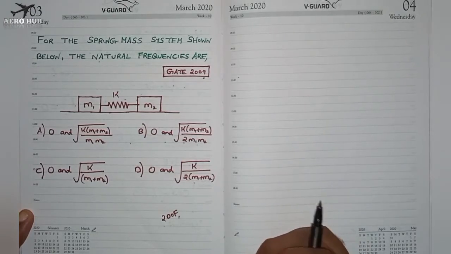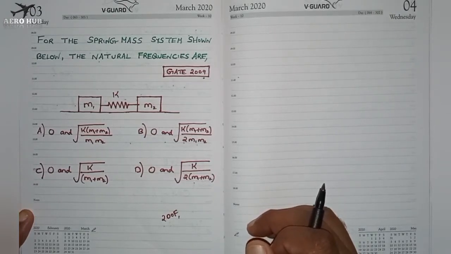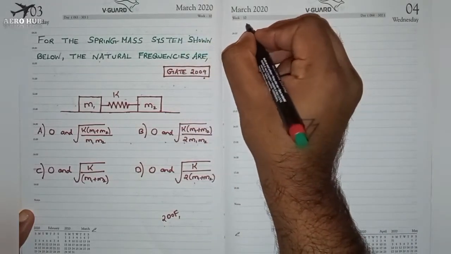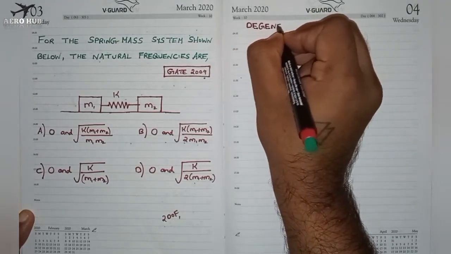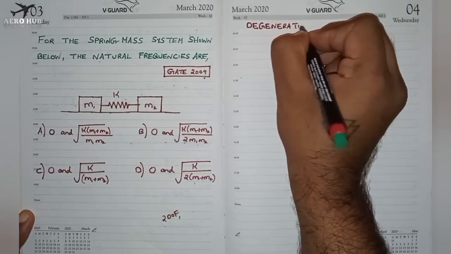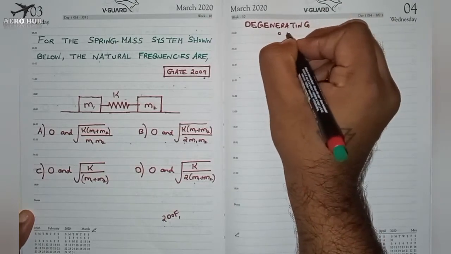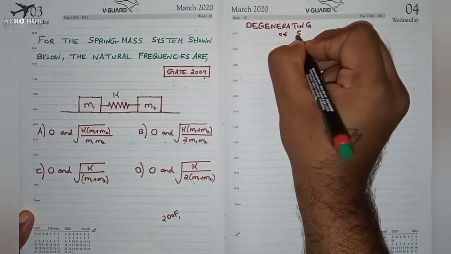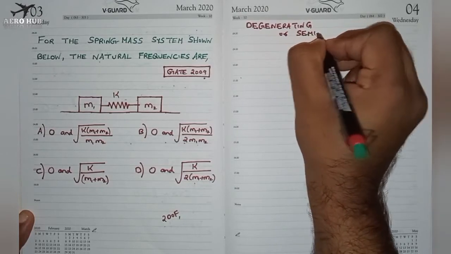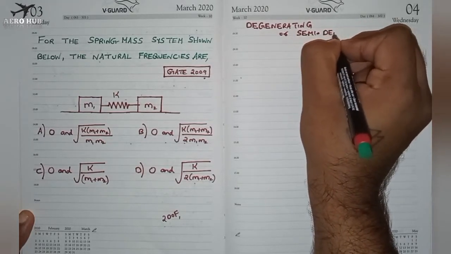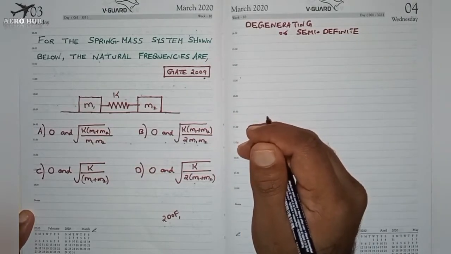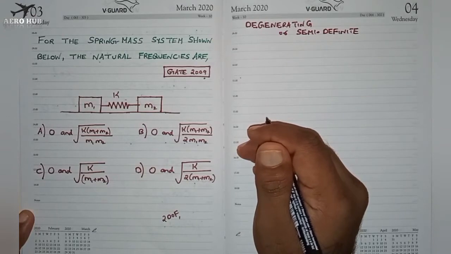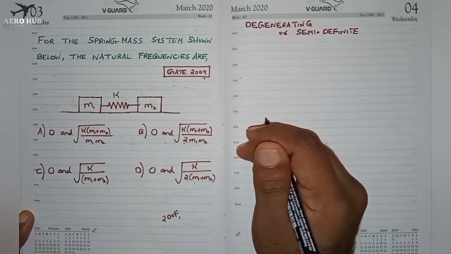That means this system is a degenerate system, also called a semi-definite system.